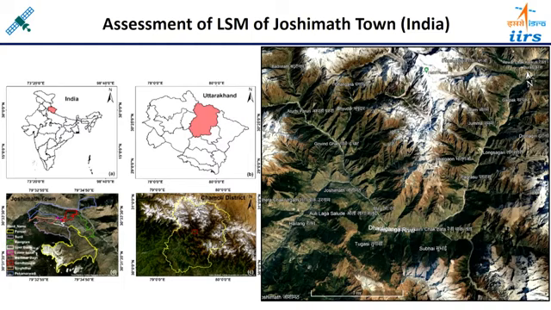Not from recent days. It has a long history actually. Earthquakes are also happening over this particular region. So in January 2023, there was nationwide news in India that huge cracks had developed in the buildings over the Josimat town.